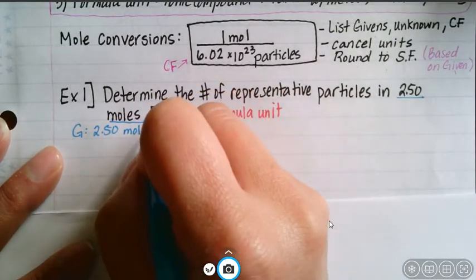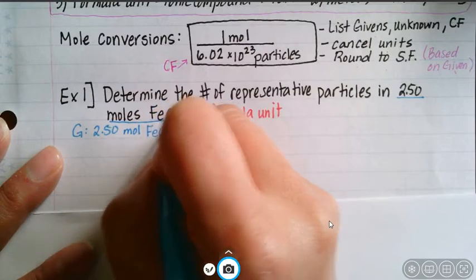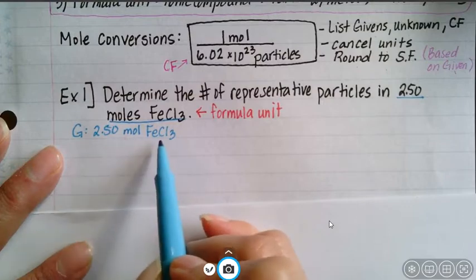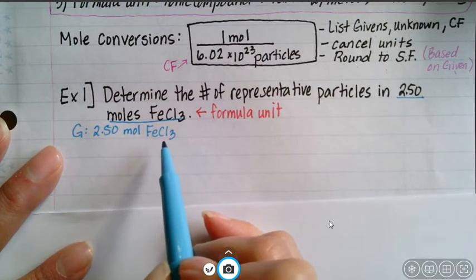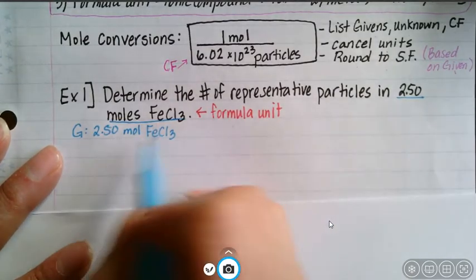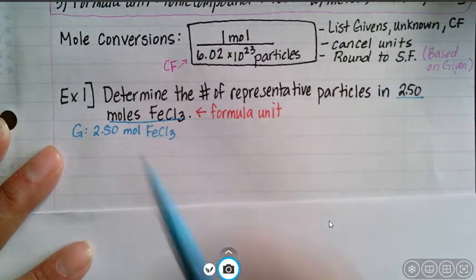MOL, moles of FeCl3. It's important that you label not only the unit, but of what: the substance. When we get to stoichiometry, it'll make a whole lot of sense. Right now, not so much, but when we get to stoichiometry, labeling that of what is super important.